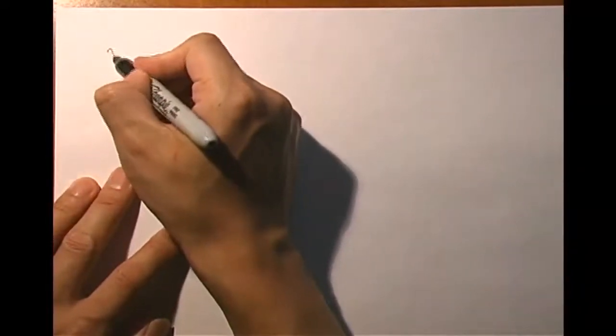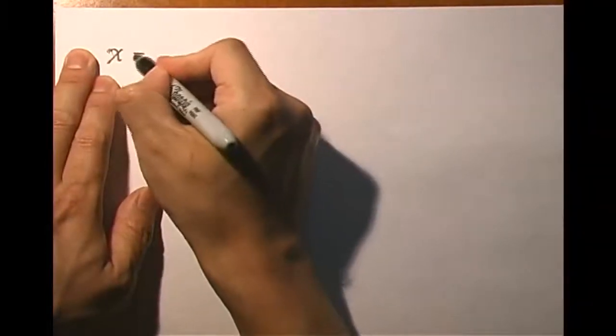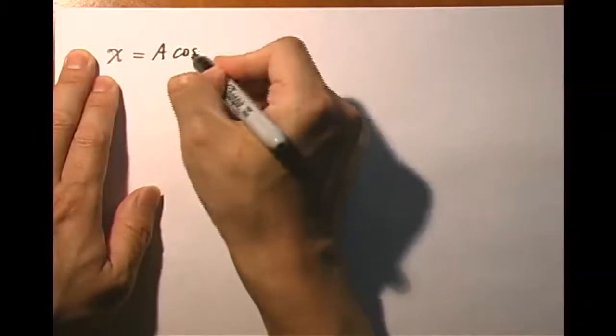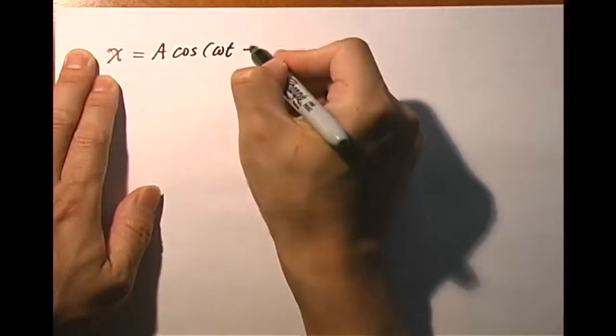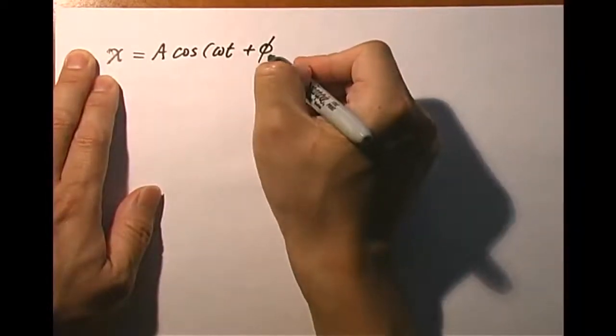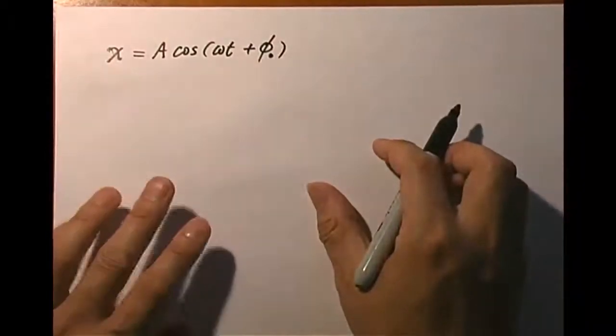In the LC circuit, what kind of solution do we have? How is Q going to depend on time? Well, mechanical system, we have X equals A cosine omega t plus phi naught. Remember that? Okay.